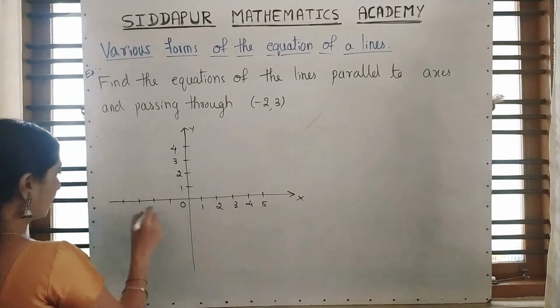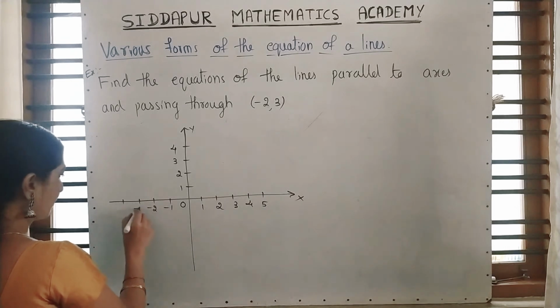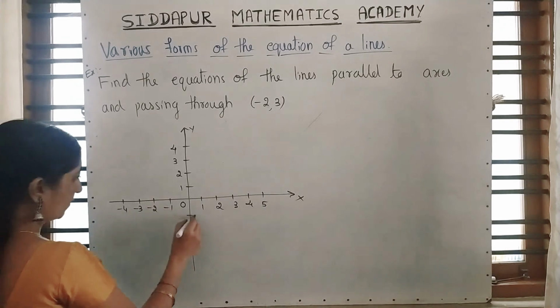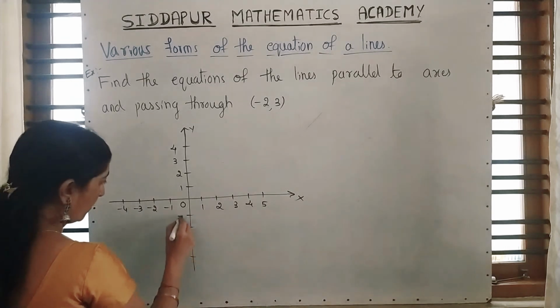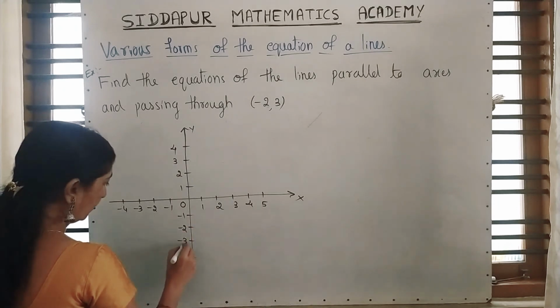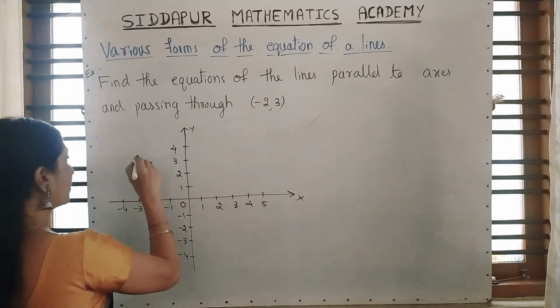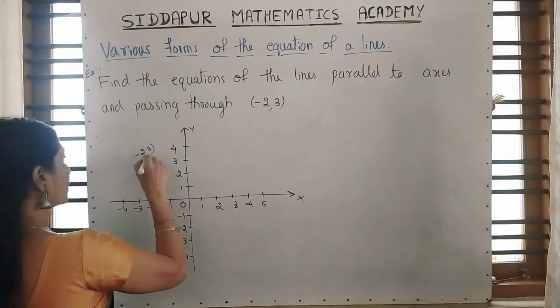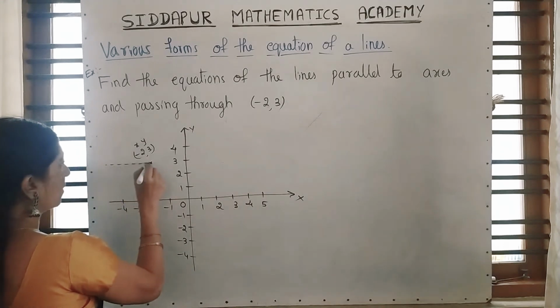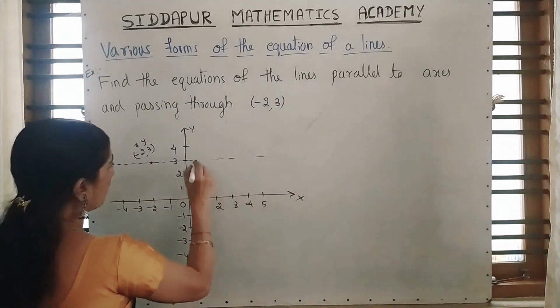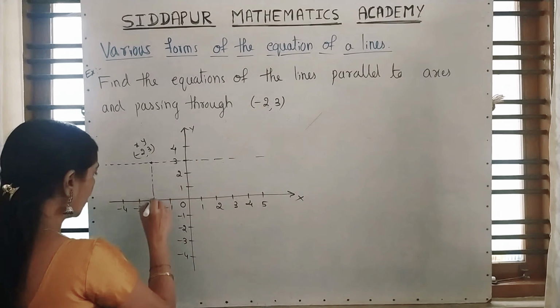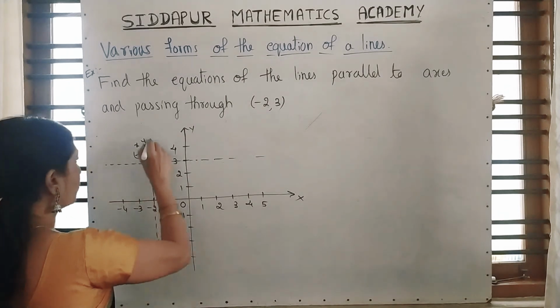Whatever is required, just mark only that much. Minus 2 comma 3. This is the point minus 2 comma 3. First value always represents x, this value represents y. So these are the lines passing through the point.